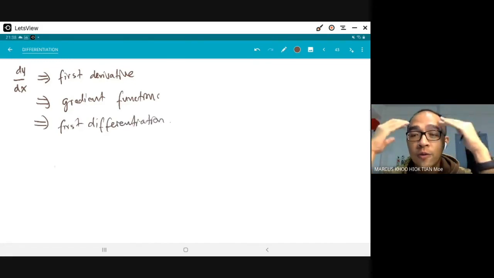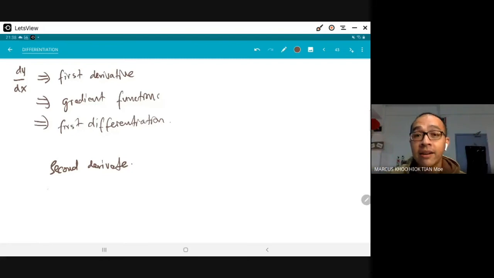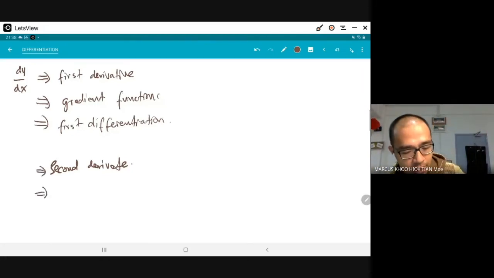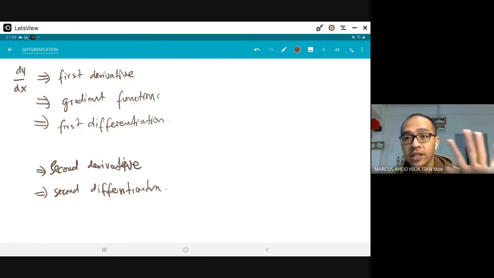But now the last thing we're going to look at is how to find the second derivative, also known as the second differentiation. Now, this second derivative is not a gradient function. There is another special name for it, but I will tell it to you later.